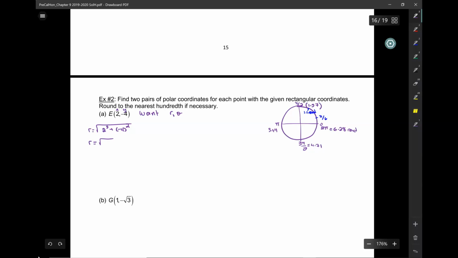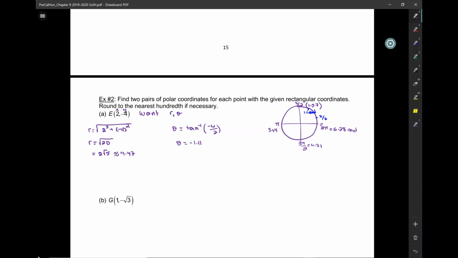So r is the square root of 20, which is 2 root 5, which is about 4.47. We want to round to the nearest hundredth here. Well, what about theta? Theta is inverse tangent of negative 4 over 2. So theta is equal to negative 1.11.